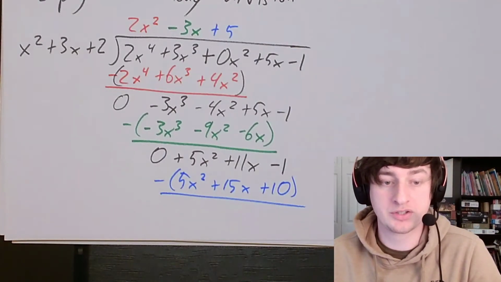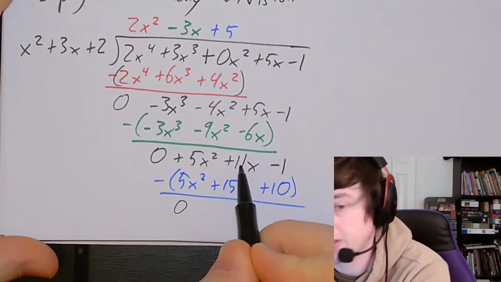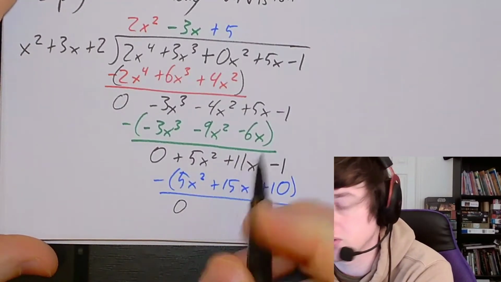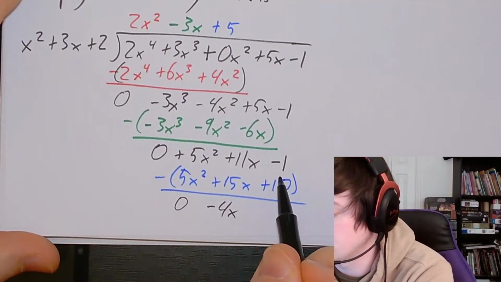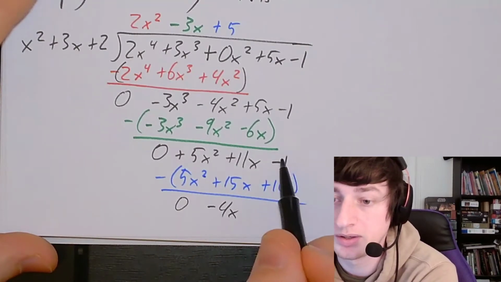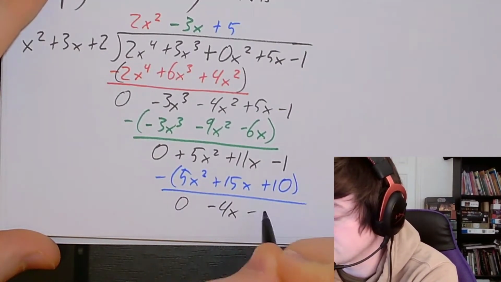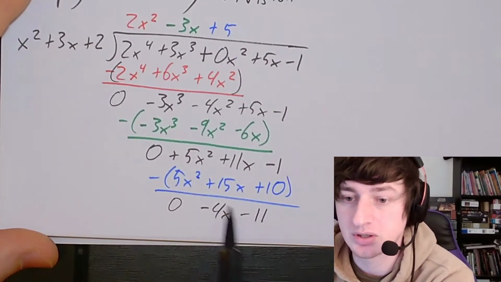So when we subtract each of those, it's a 5 minus a 5, so that's a 0. 11 minus 15, so that's minus 4x. And negative 1 minus 10 gives us negative 11. Now, this is a remainder.